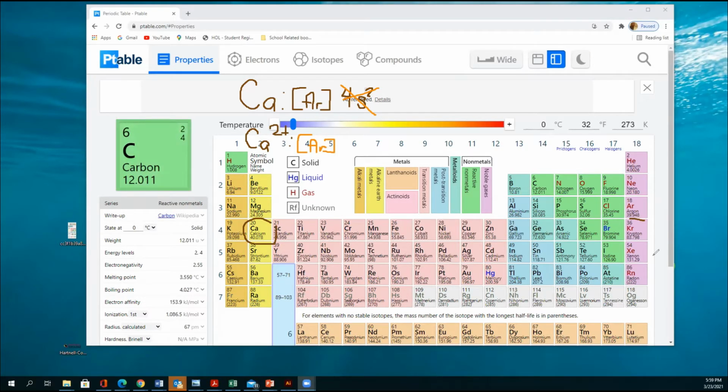So let's say we have sulfur. What is the electron configuration for sulfur?